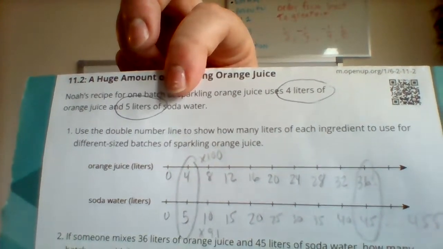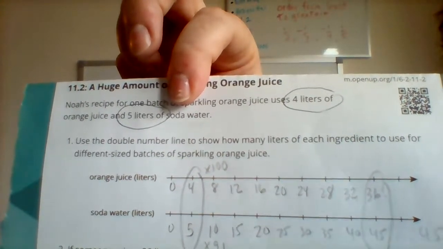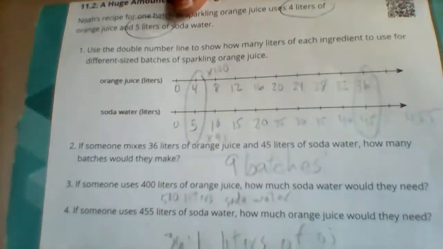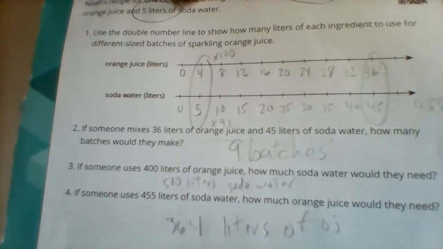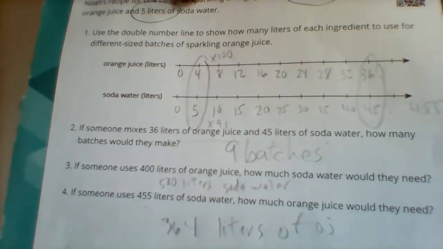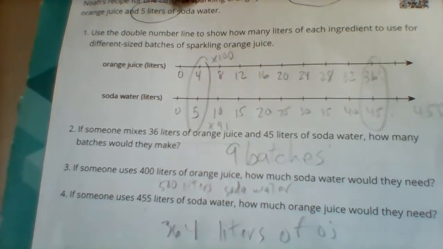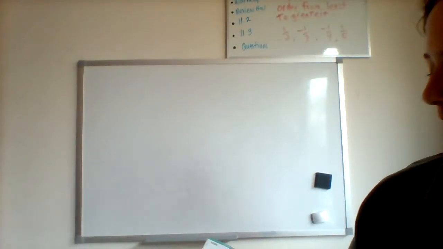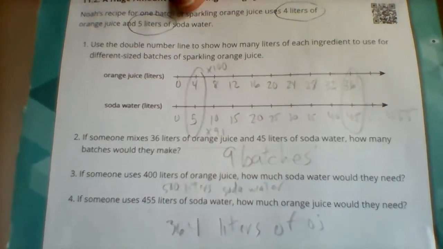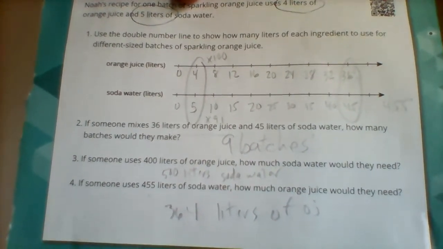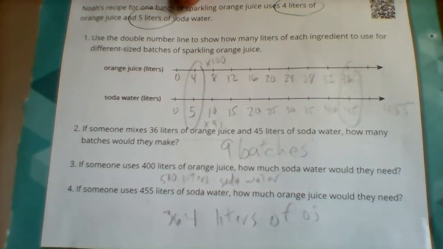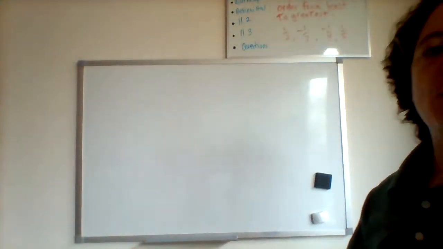You have to multiply by 91. That means that you have to do 4 times 91 now. And 4 times 91, you should get 364 liters, and that's for orange juice. You guys see that? Everything okay?